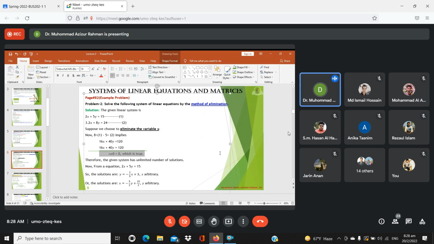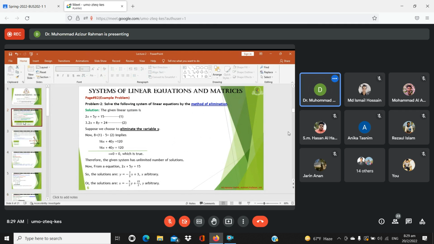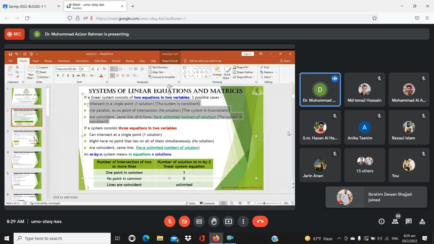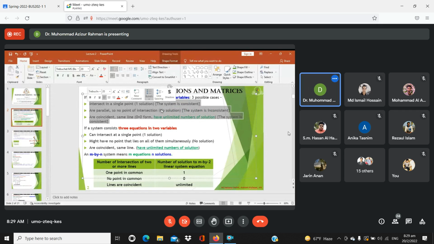So we have seen the method for two different equations using two different variables. In the beginning of this topic, we have seen that there can be two things. So there are two equations and two variables. So condition 1, condition 2, condition 3. These three conditions can happen, and we have seen these three conditions.